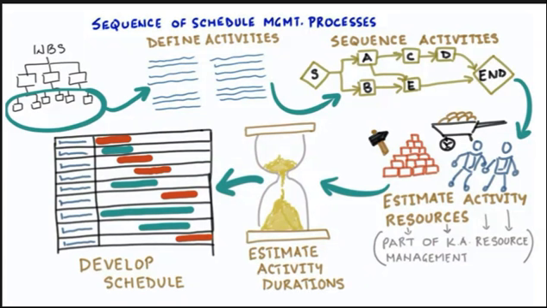Now, once the duration is estimated, we should be able to develop an ideal schedule for the project at hand. Obviously, it may not be realistic at that point, so some of the activities will have to be compressed or optimized so that the resources are adjusted.